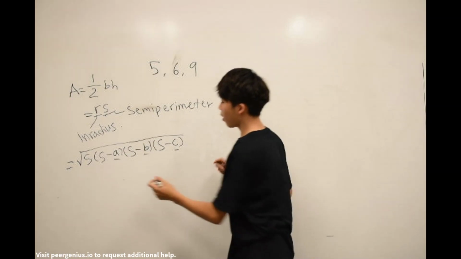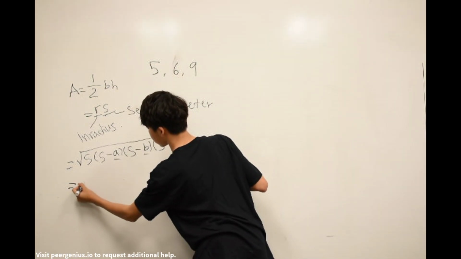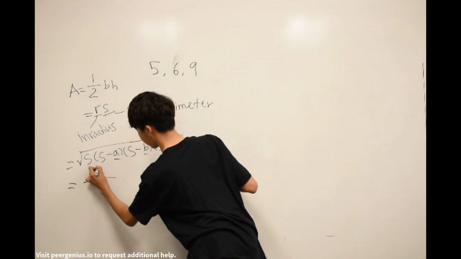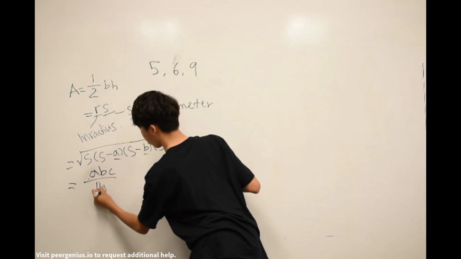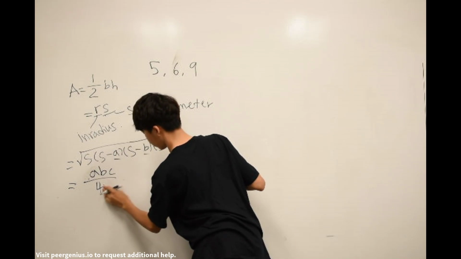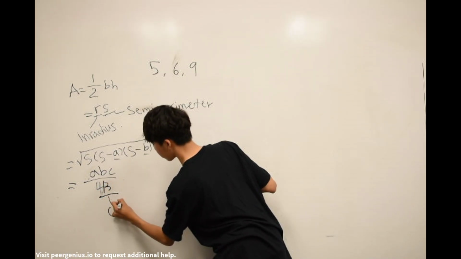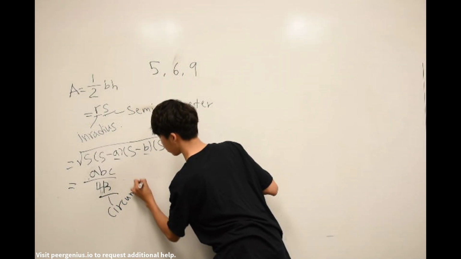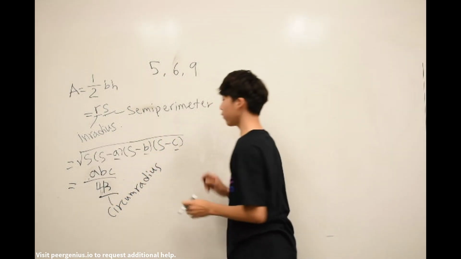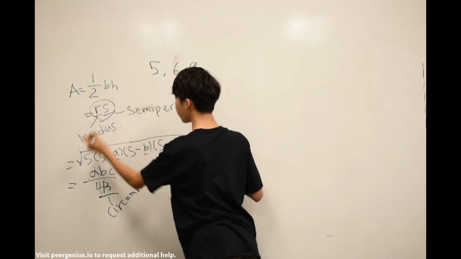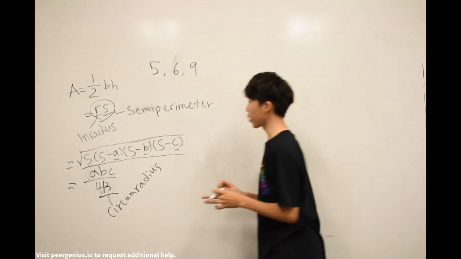And the last way is abc over 4R, big R, where this is the circumradius. However, for this particular problem, we're only going to use Heron's formula and the inradius times semi-perimeter formula.